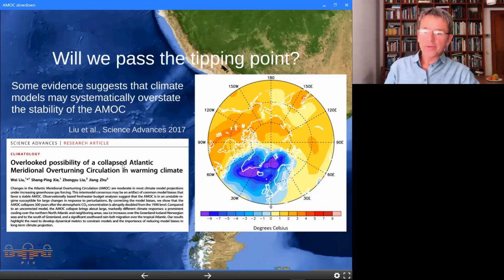And they found that if you do that, the Atlantic overturning gets much more sensitive and does collapse from an ordinary CO2 doubling scenario.